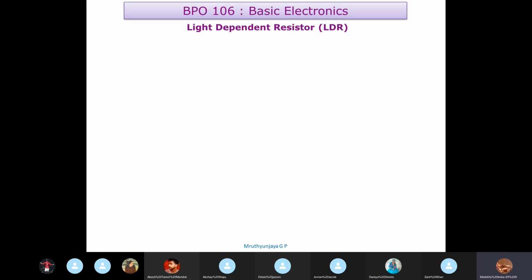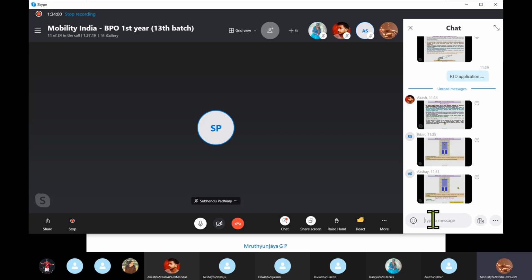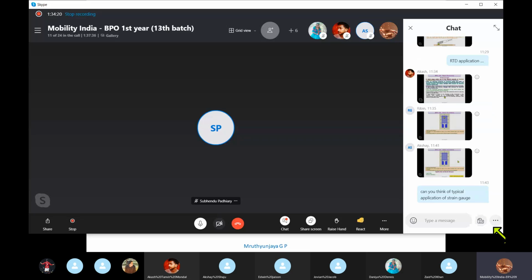Can you think of a typical application? Looking at this concept, just apply your common thinking and come out with where you think a strain gauge is used.